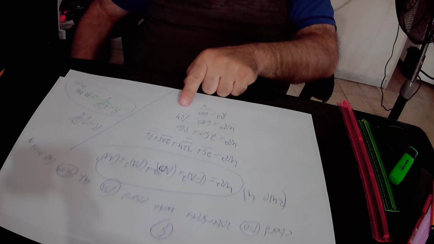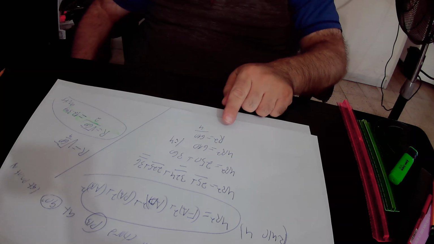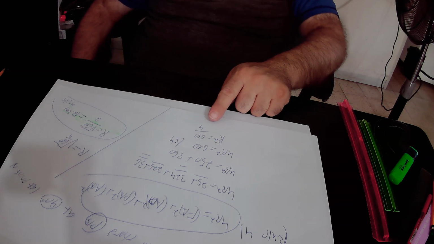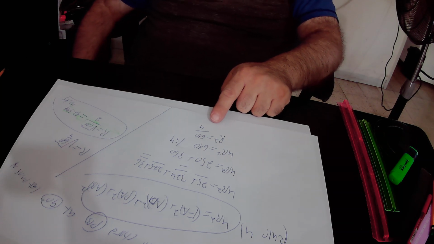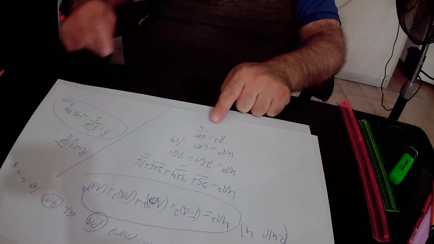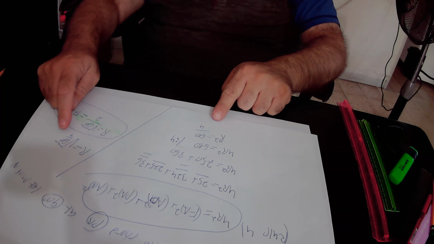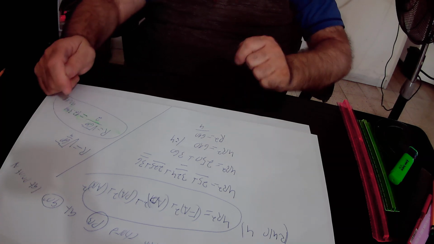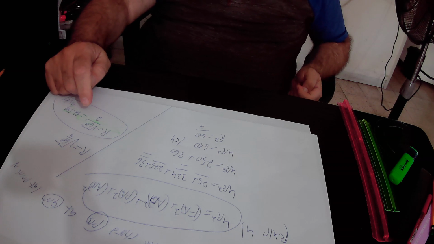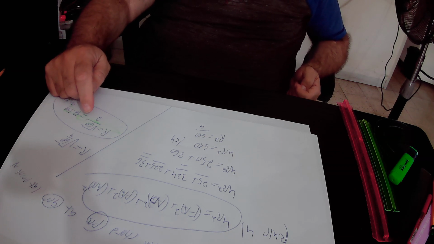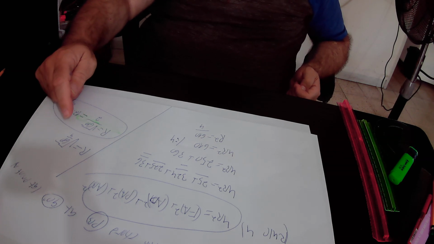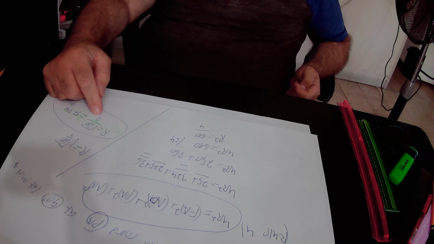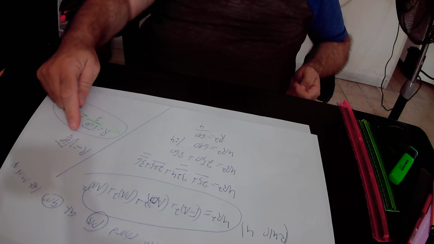We divided this equation by 4, and we found that capital R squared equals 610 over 4. Here we took the root and found that capital R equals the square root of 610 over 4. That is, capital R equals the square root of 610, and the square root of 4 is 2, so we took 4 out of the root.